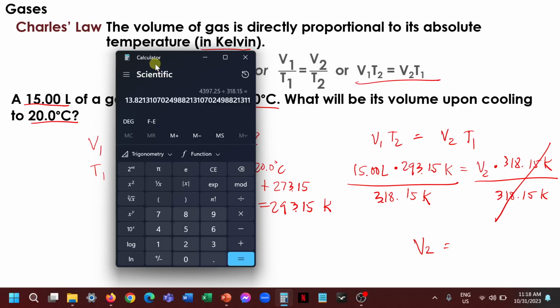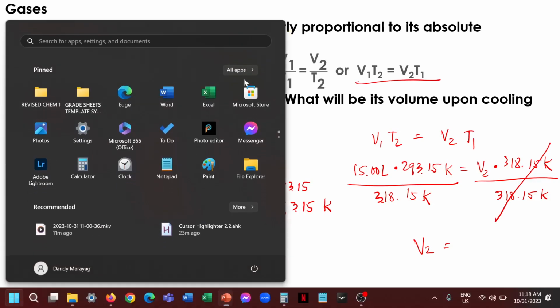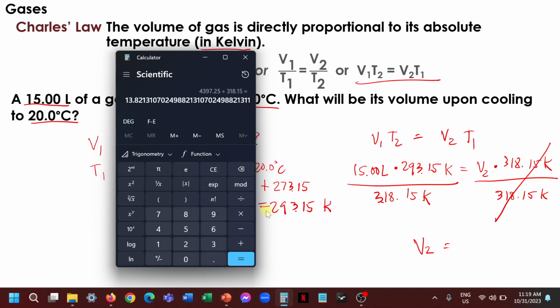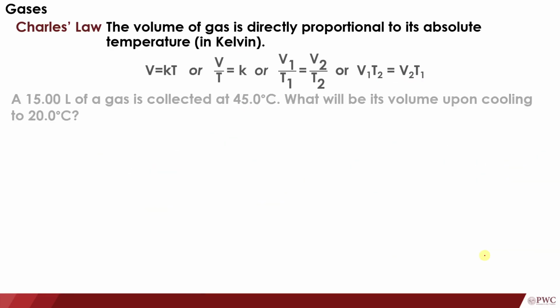So we have 13.821 something. Here we have 3 sig figs, then 4 sig figs. The lowest number is 3 sig figs, so let's round this one to 3 sig figs. We have 13.8. Then cancel Kelvin. We have liters. So our V2 is equal to 13.8 liters.